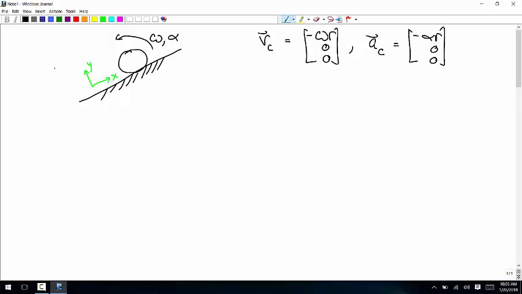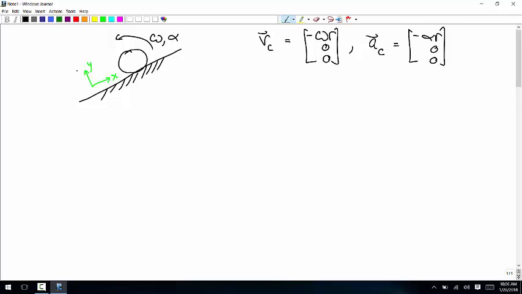And it's always easiest to do these problems with the y-axis pointing out of the surface. So if it's rolling up a wall, you have to have the y-axis horizontal. If either of those were in the opposite direction, that would just work out in the sign.